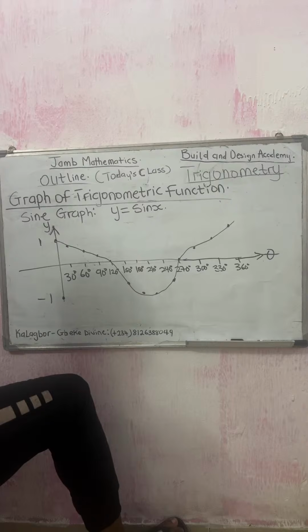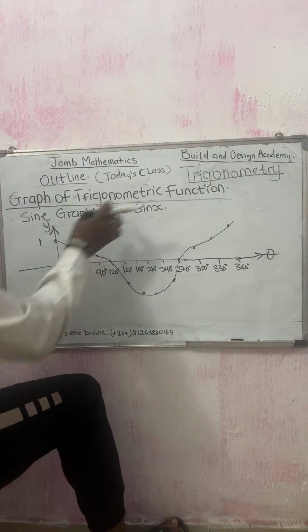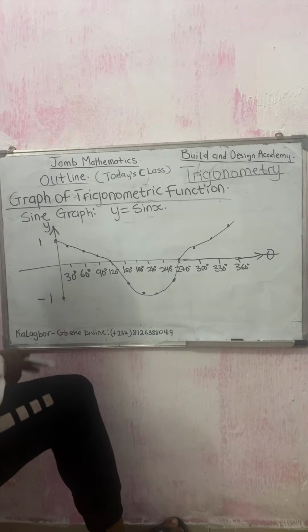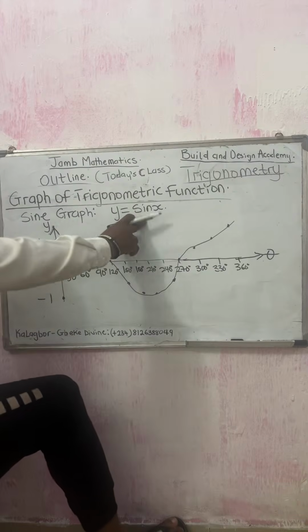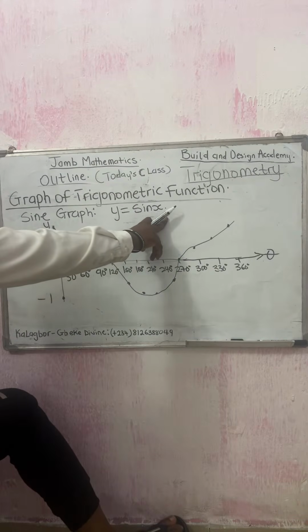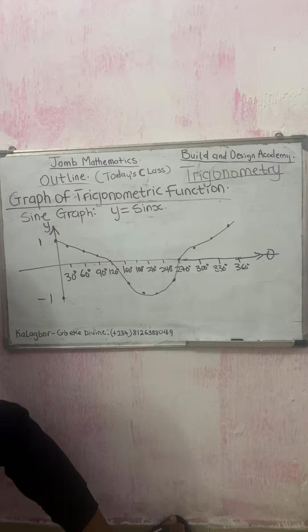So if x is 30 degrees, we take sine 30 degrees to get the y value. Whatever we get for the sine of x, we use as our y value. So take note, this is how the sine graph looks. That's for the sine graph.